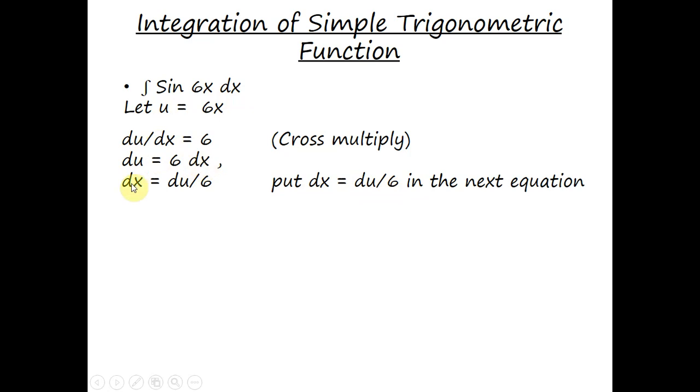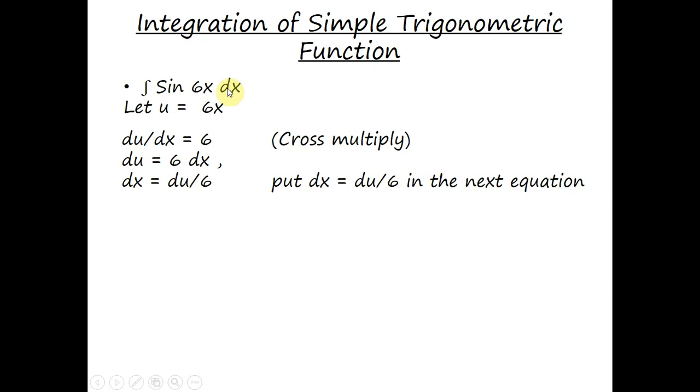We make dx the subject by dividing both sides by 6, the 6 goes off on one side, and we have dx equals du over 6. So anywhere we see dx, we put du all over 6.